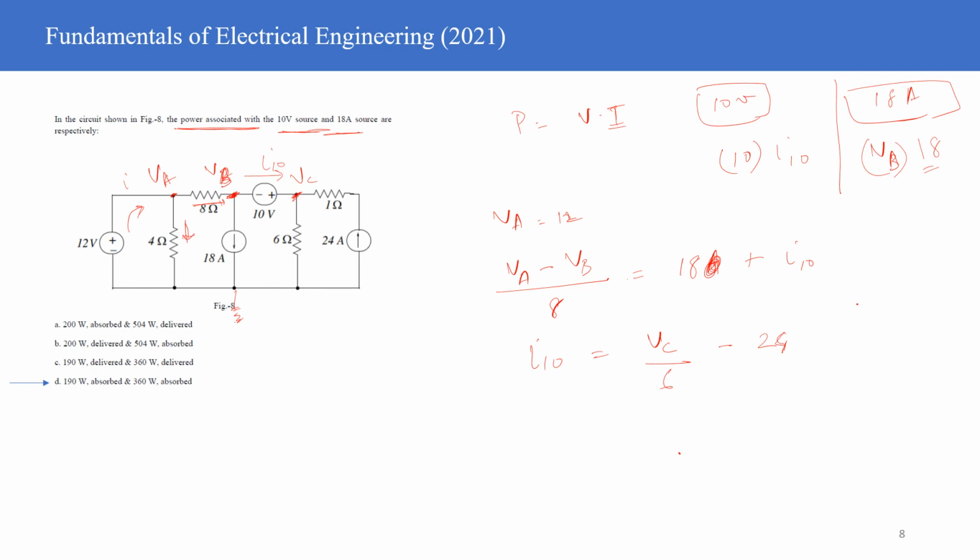How many variables are here? VA, VB, I10, and one more variable are there, right? So there are two equations with you and four variables, right? So where are the other equations going to come from? Any guesses, guys?